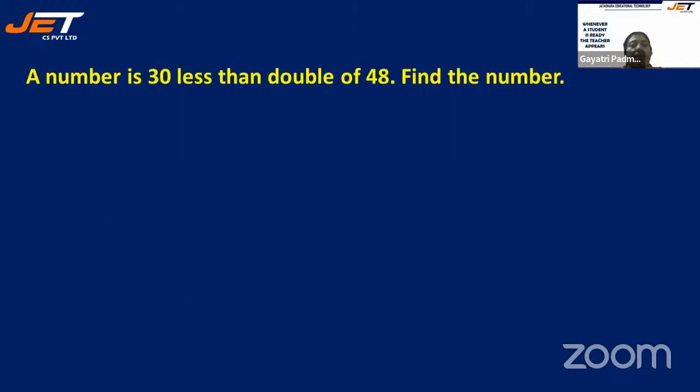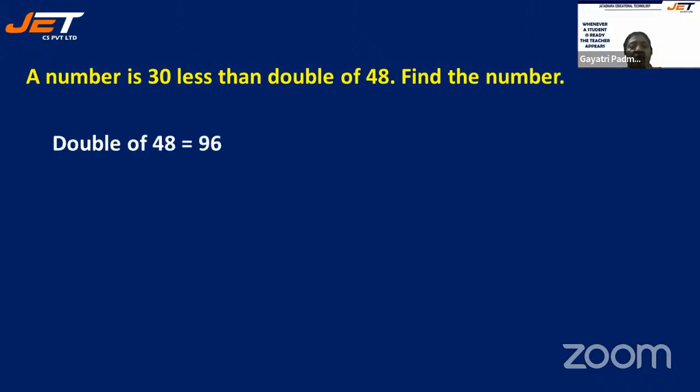All right. See the next sum. We have a number is 30 less than double of 48. Okay. So this is also very simple. What is double of 48? 48 plus 48, right? Minus 30.